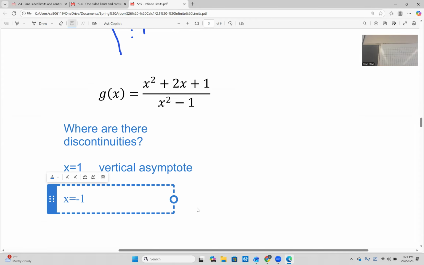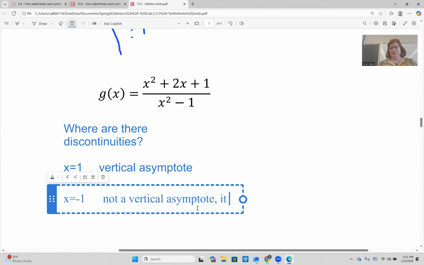So we have 1 minus 2 plus 1, which is 0. Our definition says the numerator is not 0 and the denominator is. We already know the denominator is 0, but we just saw the numerator is not. So this is not a vertical asymptote. What it is is a removable discontinuity.